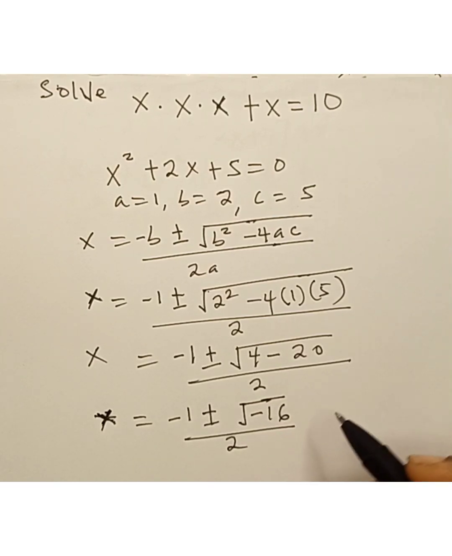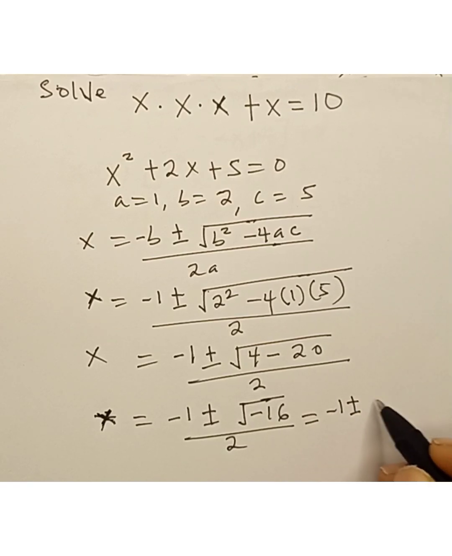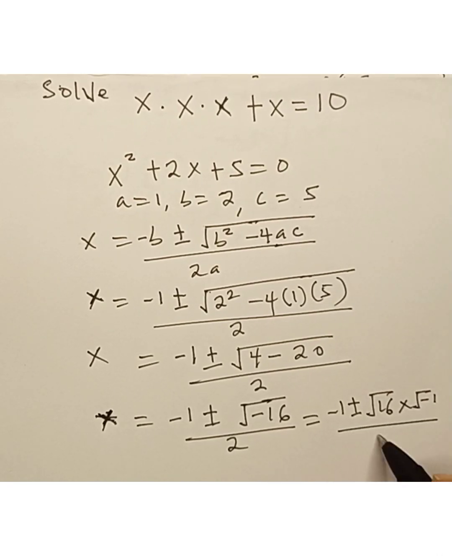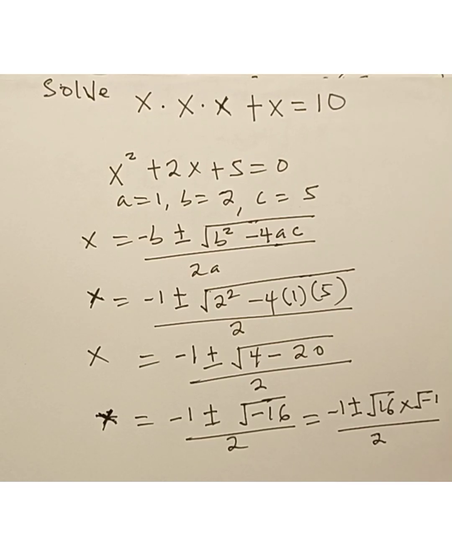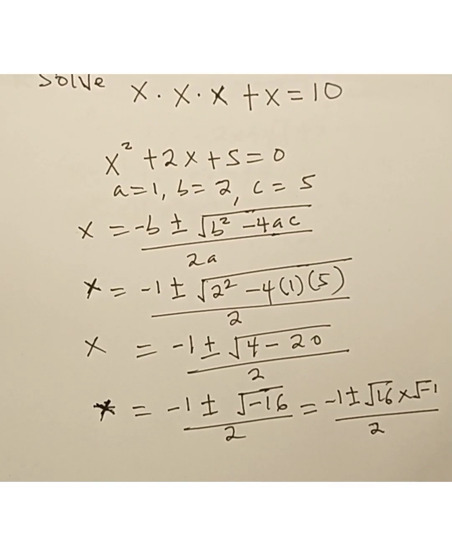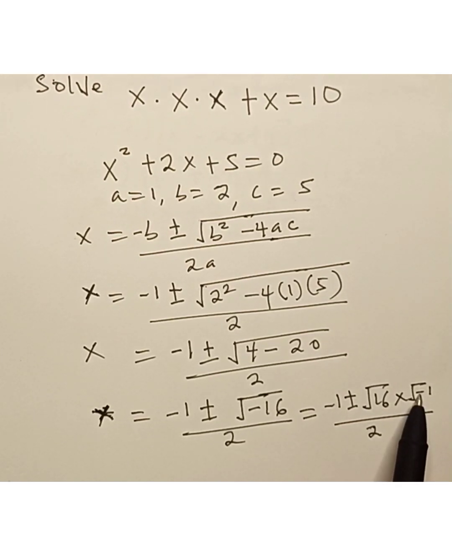And this can be equals to minus 1 plus or minus square root of 16 times square root of minus 1 all over 2. So if we can express it like this, we recall that in a complex number the square root of minus 1 is i.